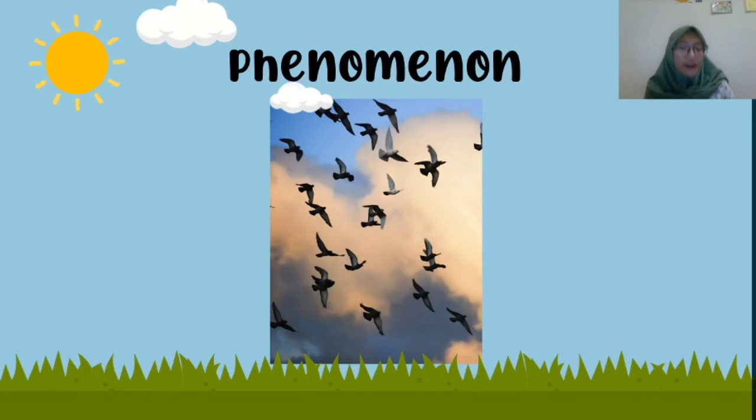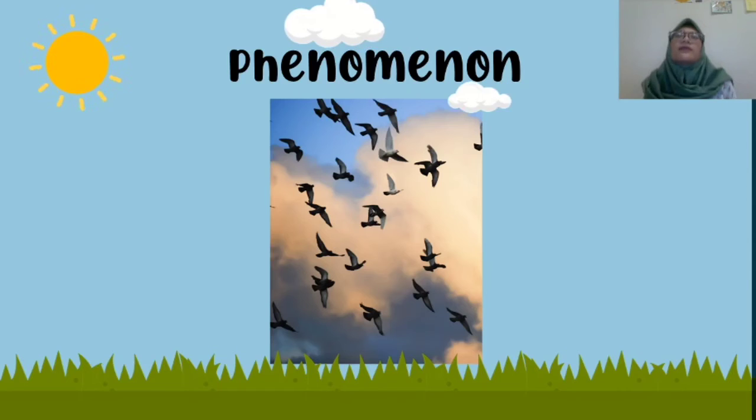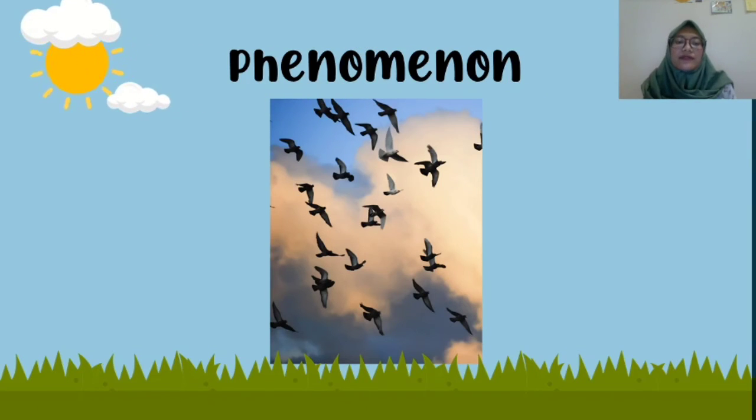And then the other phenomenon is birds. Why birds? Because I want you guys to think about birds first. Have you ever wondered why birds can migrate from one place to another, from north to south, from south to north?